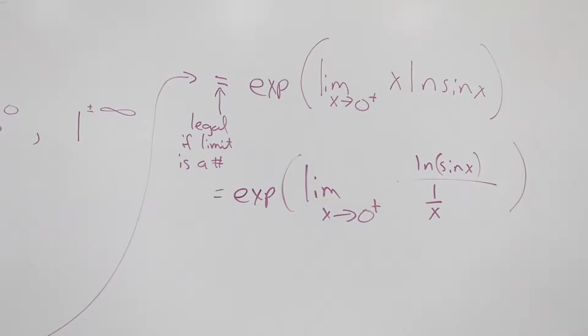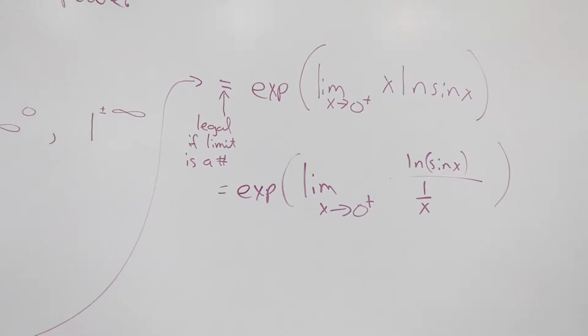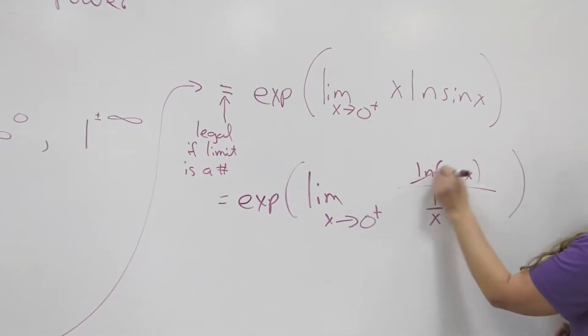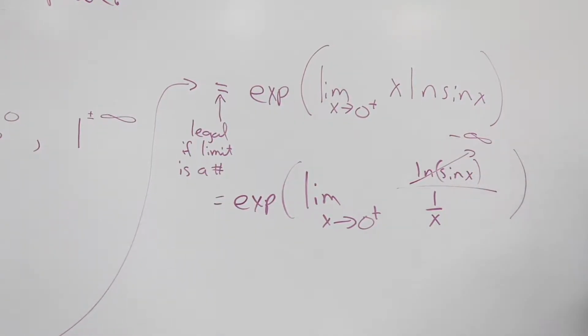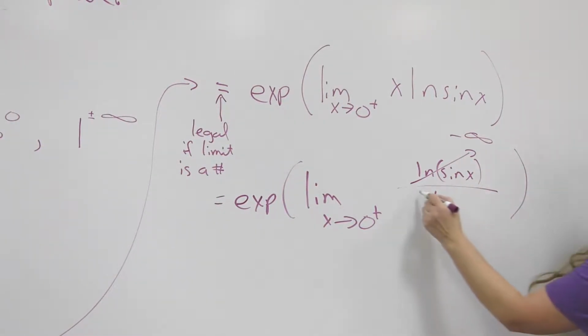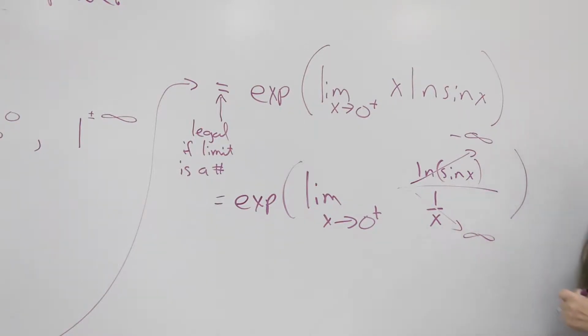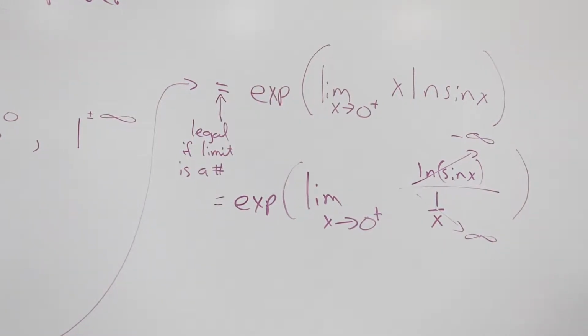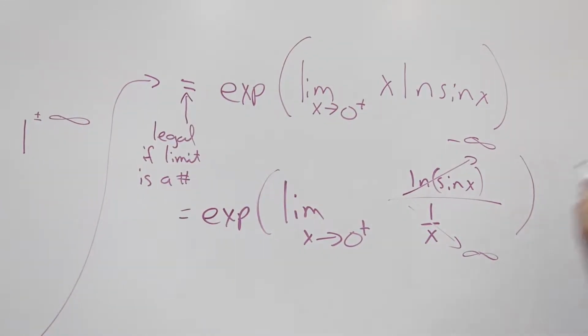So let's just confirm that we have an indeterminate quotient. We said the natural log of sine x was going off to negative infinity. 1 over x will be going to positive infinity. So we have an indeterminate form of type, quote unquote, negative infinity over infinity. And so we can use L'Hopital's rule.